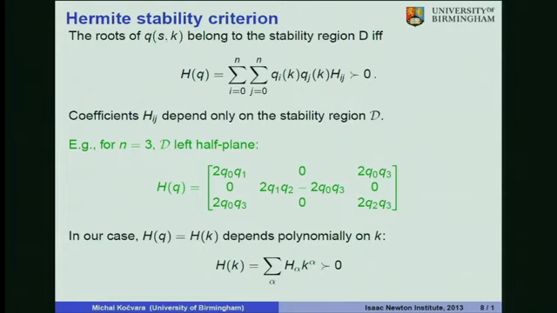And this matrix depends on the coefficients of the characteristic polynomial, but these coefficients are polynomials in K, so we get some other polynomials in K because we still multiply these coefficients.